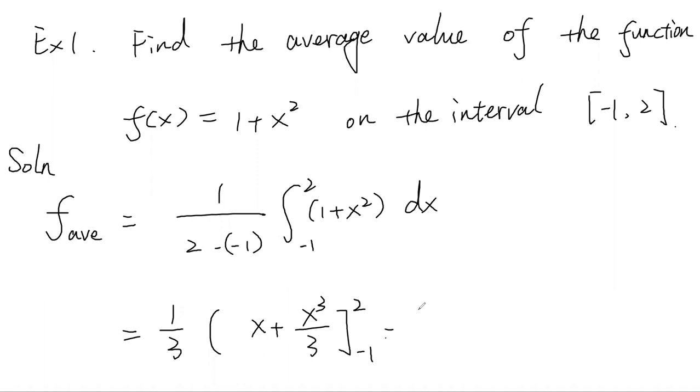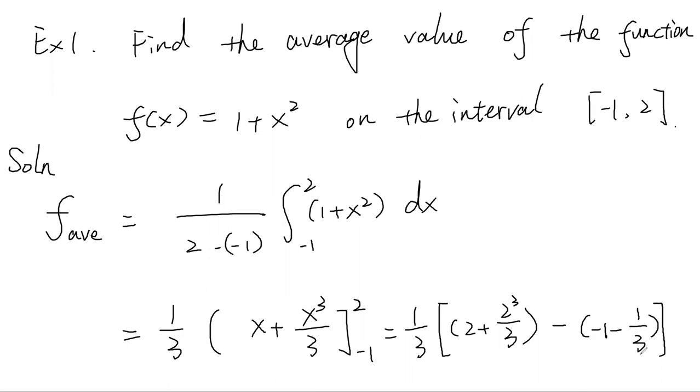So it's equal to 1/3 times 2 plus 2 cubed divided by 3, minus -1 minus 1/3. And this is equal to, let me see.